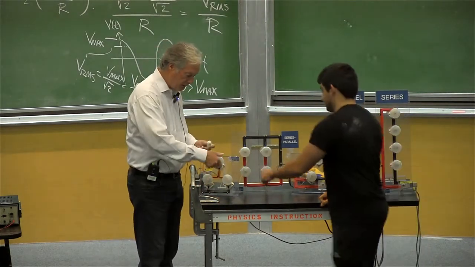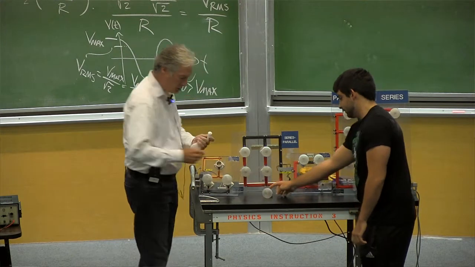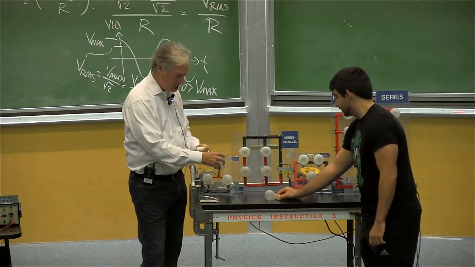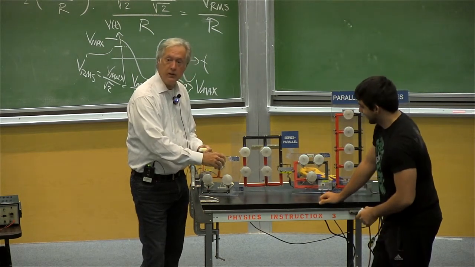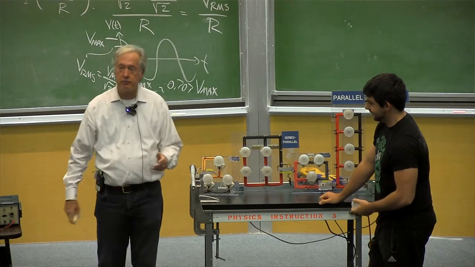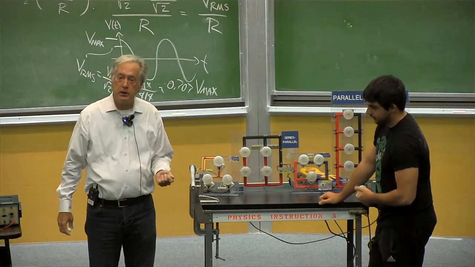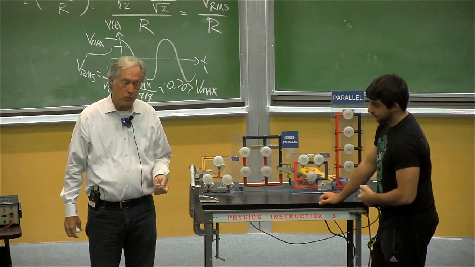Now, the resistance of this thing is something you could calculate as being the resistivity times its length divided by the area. And the resistivity depends on the temperature. The resistivity changes as the bulb warms up.